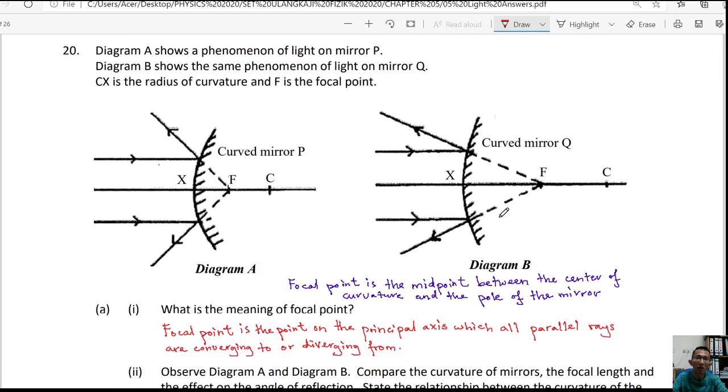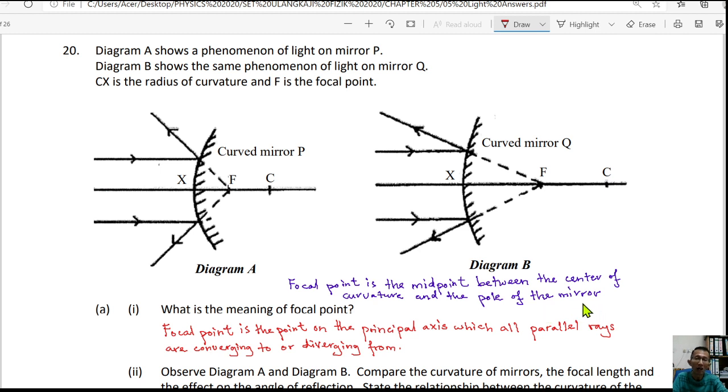Diagram A shows phenomenon of light on mirrors P and mirrors Q. Okay, and then CX is the radius of curvature, and then F is the focal point. Okay, what is the meaning of focal point? So focal point is the point on the principal axis which all parallel rays are converging to or diverging from. Okay, so you can write this as the answer. Alternatively, you can also say that the focal point is the midpoint between the center of curvature and the pole of the mirror.